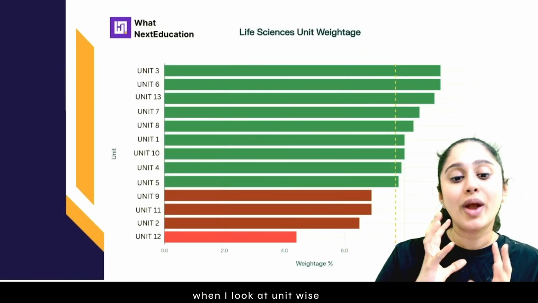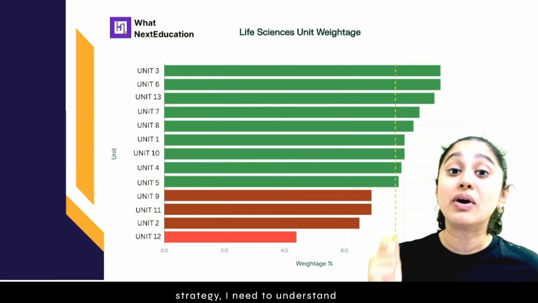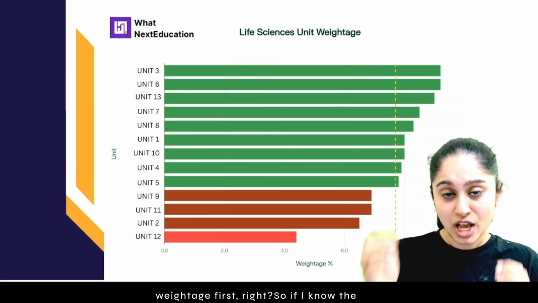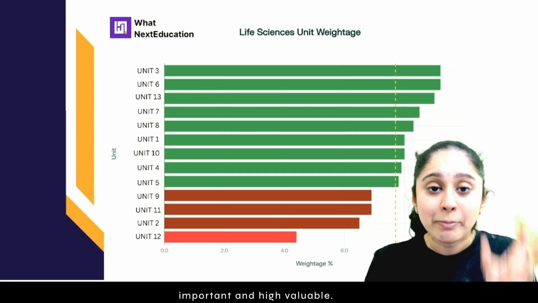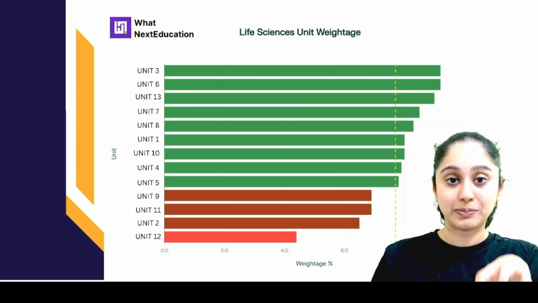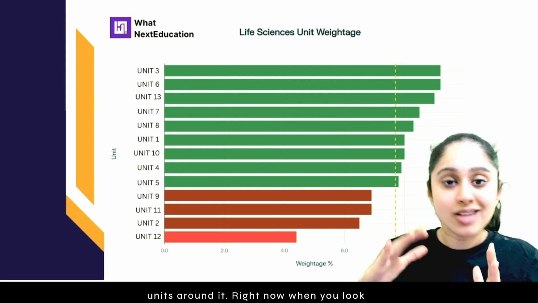Now, when I look at unit wise strategy, I need to understand weightage first, right? If I know the weightage, I can prioritize high important and high valuable units first and then frame my other units around it, right?